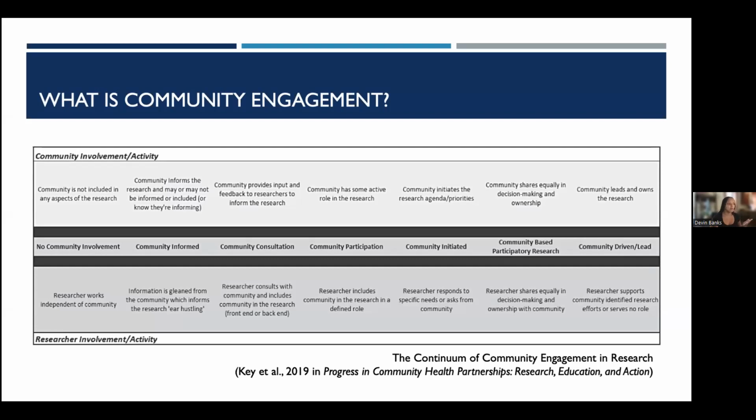You might have done community informed research, like you heard in a meeting or from the media or from a clinician that a community was going through a certain problem and that sparked an idea and you did a research project. So that was community informed, but you didn't include the community in it. And so they may or may not know that they're actually informing.